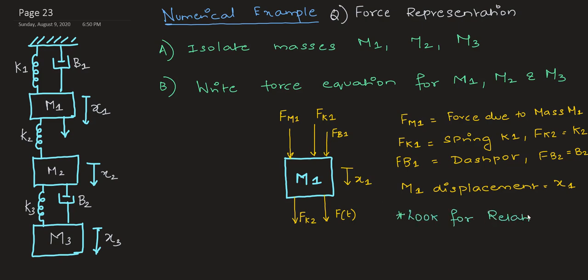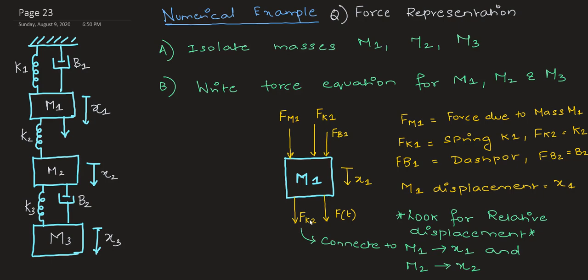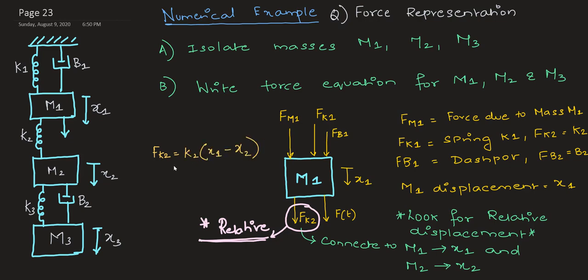Next we will look for relative displacement. If I look at m1, I can tell that k2 is connected to both mass m1 and m2. Mass M1 is undergoing displacement x1, whereas mass M2 is undergoing displacement x2. So the force K2 becomes relative because of the displacements x1 and x2. I am going to write just Fk2 in this slide, and that is given by K2 into x1 minus x2.